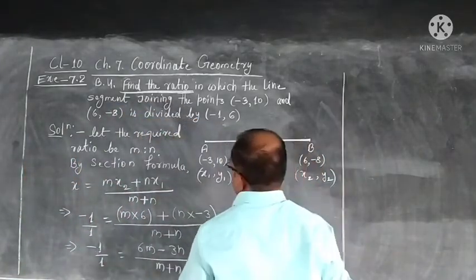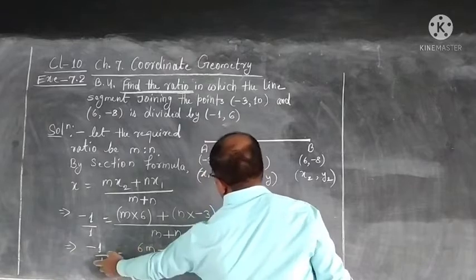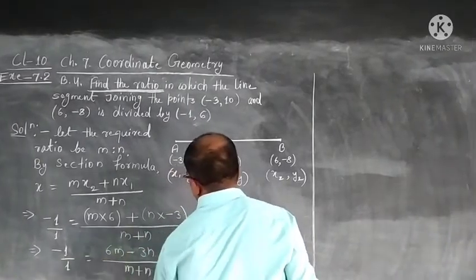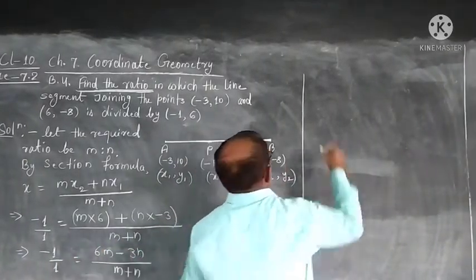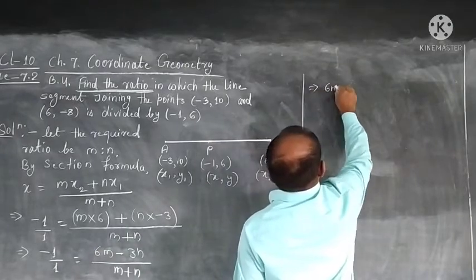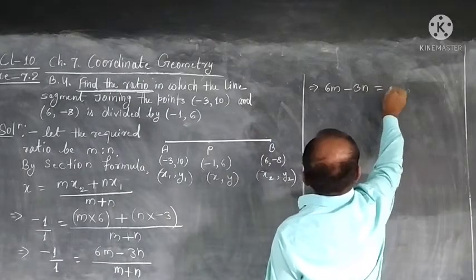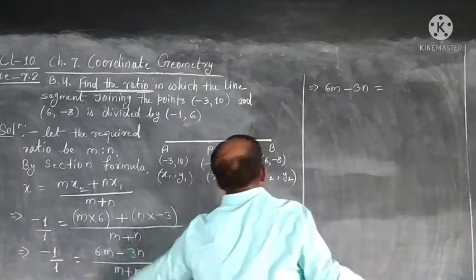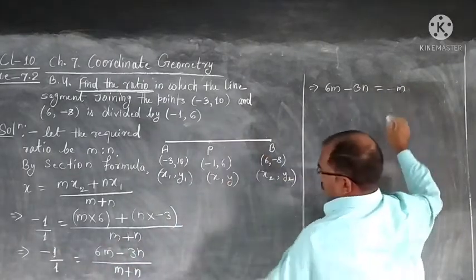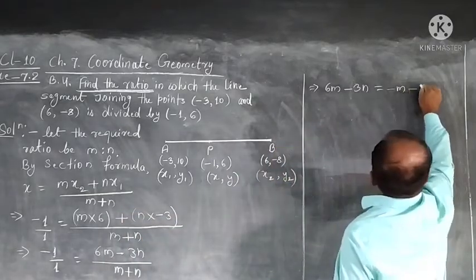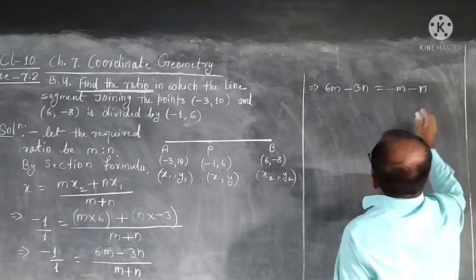Cross multiplication we can start any way, denominator numerator or numerator denominator. So, let us see: 6m into 1, 6m, again minus 3n into 1, minus 3n, equal to m into minus 1, minus m, n into minus 1, minus n.